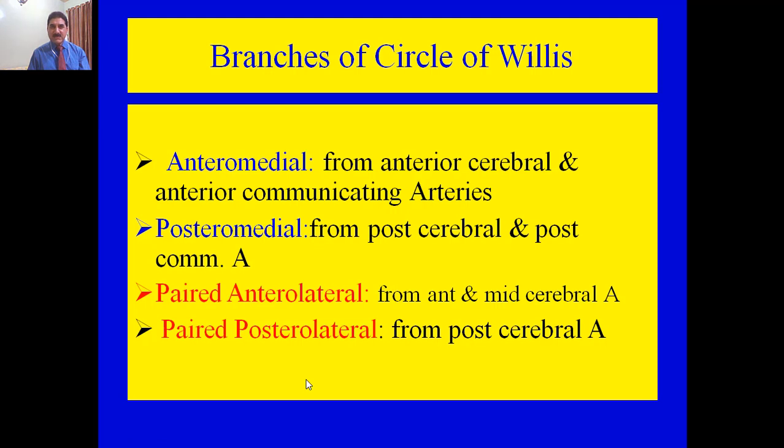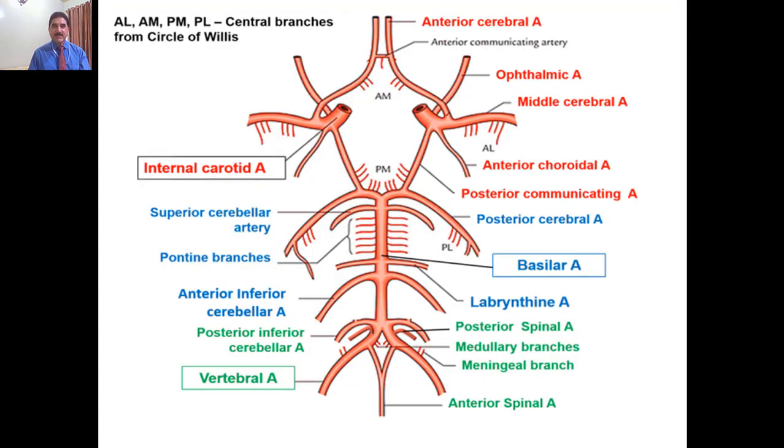Branches of the circle of Willis. We have anteromedial branches from the anterior cerebral artery and anterior communicating arteries. Posteromedial branches from the posterior cerebral arteries and posterior communicating arteries. Paired anterolateral branches from the anterior and middle cerebral arteries, and paired posterolateral branches from the posterior cerebral artery.